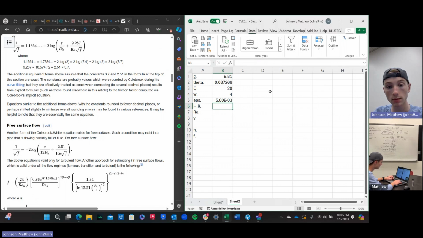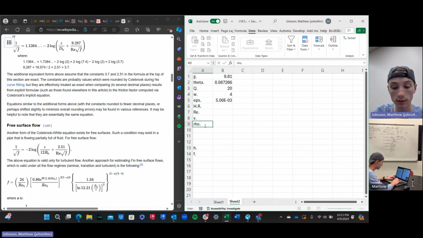Okay. We have the hydraulic radius HR. Do I want to put that one in yet? I'm going to skip that one for now because we can come back and name that afterwards. We have the Reynolds number, velocity. I know I'm missing something. Oh, we need the viscosity and density of water. Let's give us some more room for those.